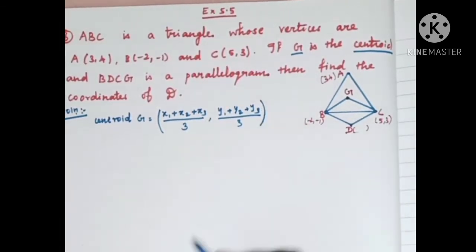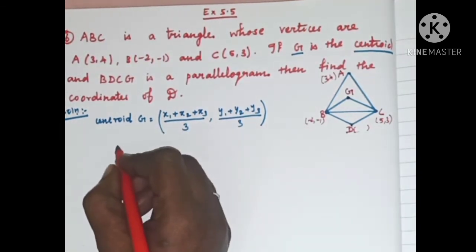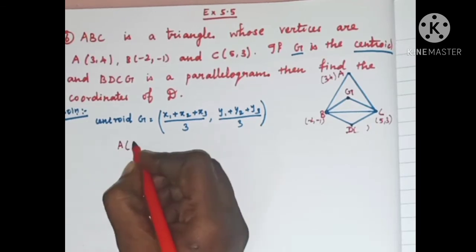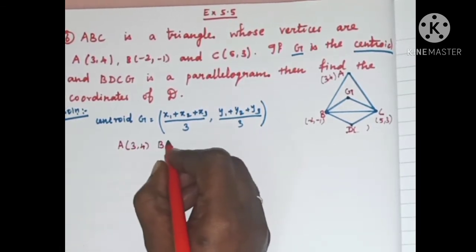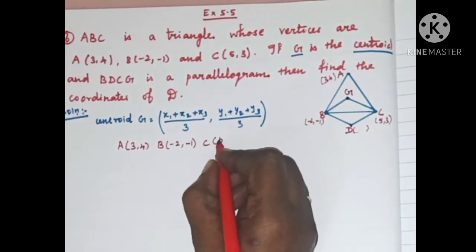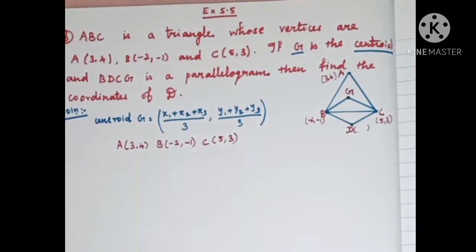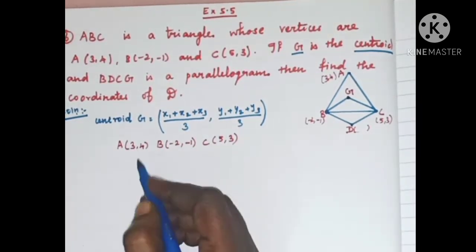Now the vertices of ABC given in the problem are A (3, 4), B (minus 2, minus 1) and C (5, 3).